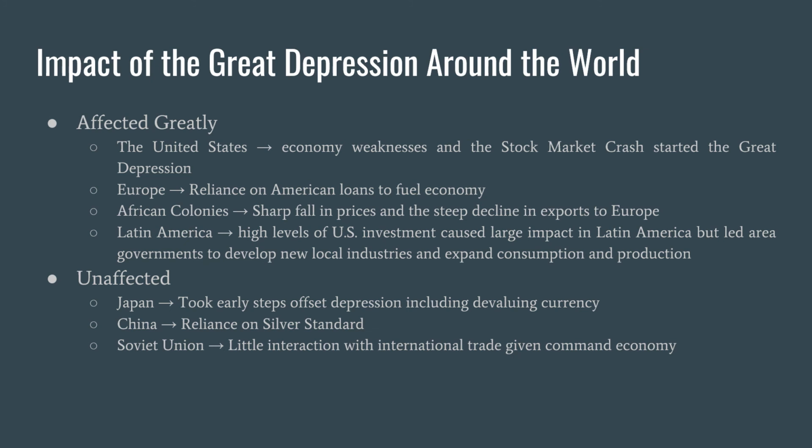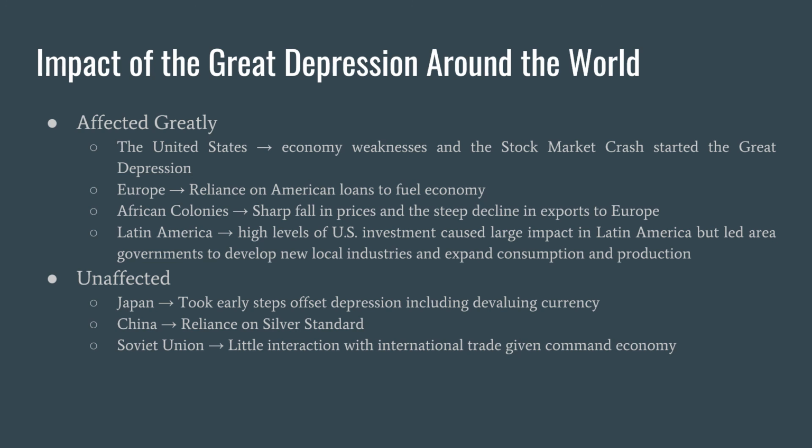And then there are a couple of countries that are not terribly affected, or maybe affected just a little bit. Japan takes early steps to offset the depression. They move to devalue some of their currency to protect it. China is largely unaffected. They rely on the silver standard versus the gold standard at this point, and they are able to avoid a lot of these Great Depression issues.